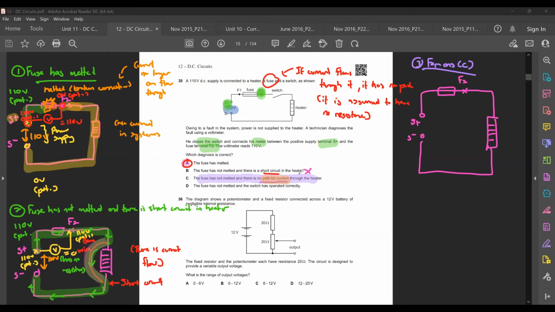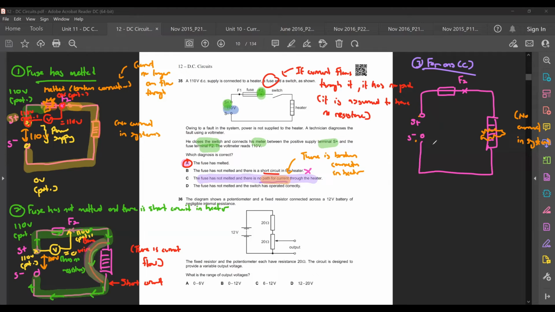This one can actually mean there is a broken connection in the heater. So there's a broken connection here. So the conclusion you can come to is that because there's a broken connection here, there is no current in the system, because it cannot flow out from this end and come back to this end in one complete loop.